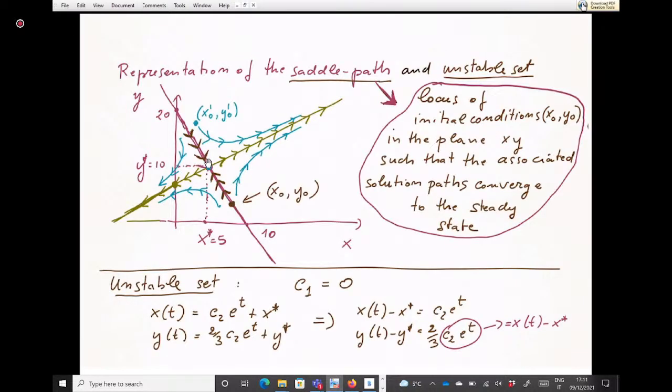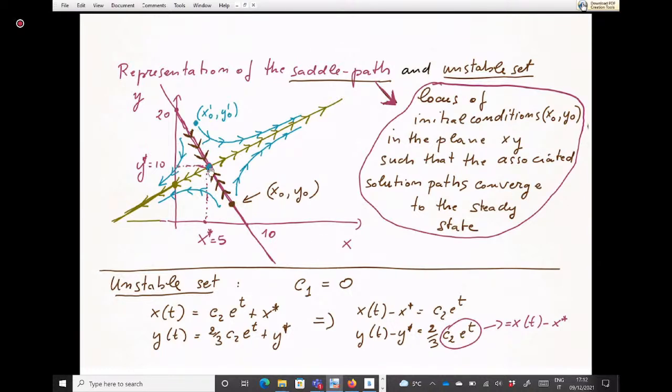You get the green line. If you start from any initial condition along the green line, you have movement away from the steady state, from one direction to the other, which is linear in the phase plane, in the plane xy, okay?